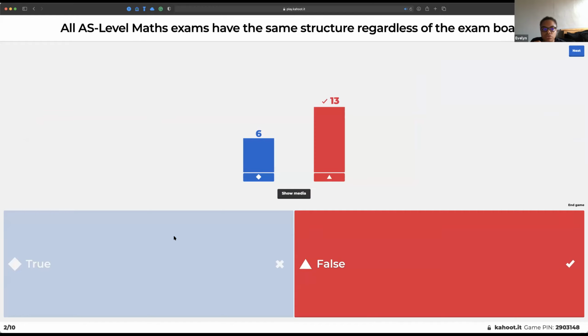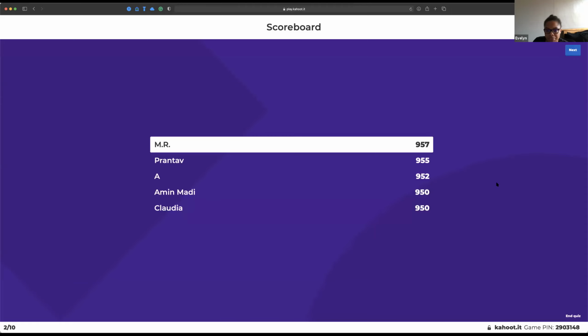It's false. The exam structure is different for each exam board. No exam board is the same when it comes to the actual AS exam. The marks change, the length of time for the exam changes, and also the content in each exam changes as well. So make sure when you are going through it, you're using the right specification.